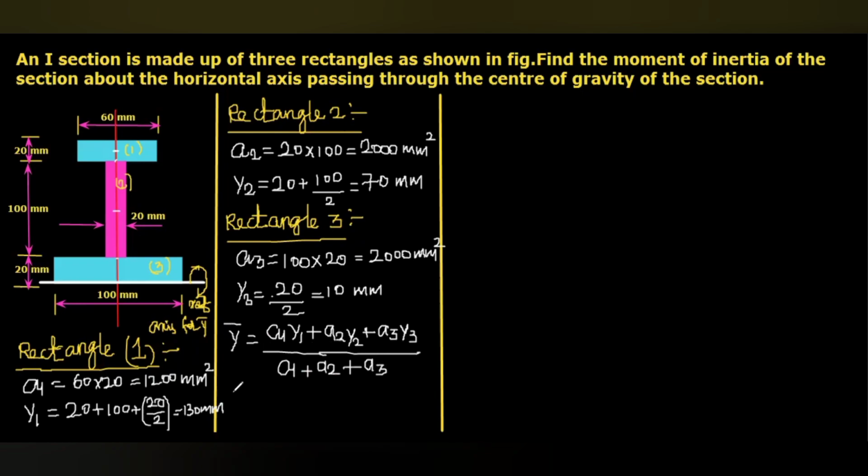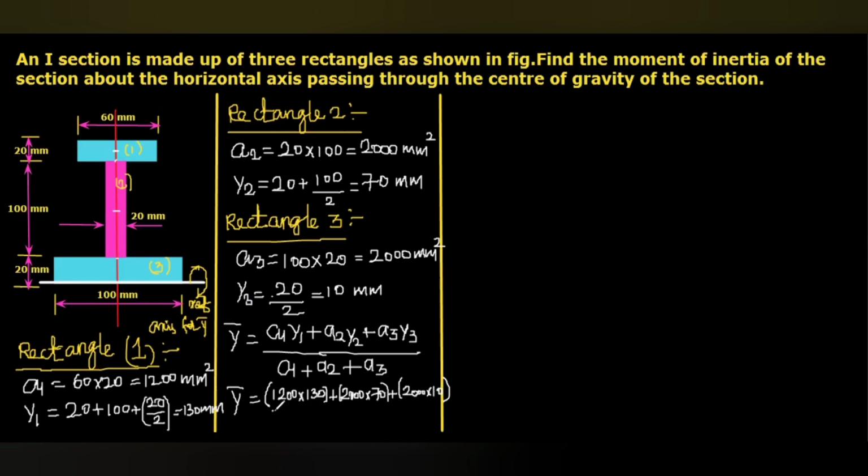So the y bar equals a1 value, substitute all the values: 1200 multiplied with y1, that is 130, plus a2, 2000 multiplied with 70, plus the third one, 2000 multiplied with 10.